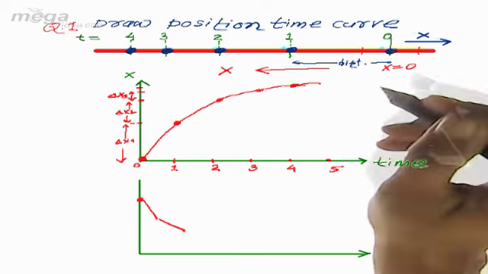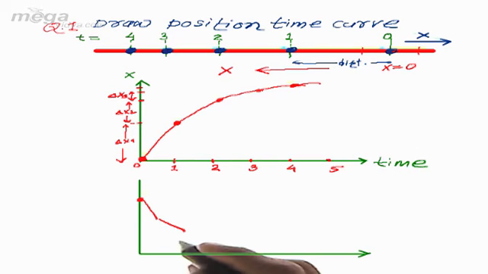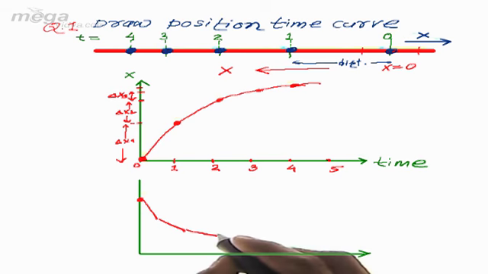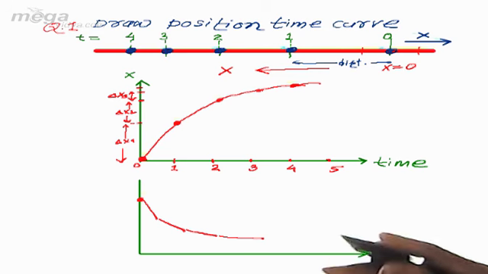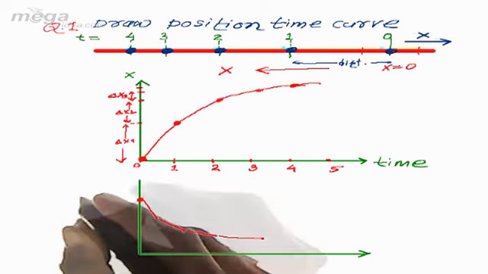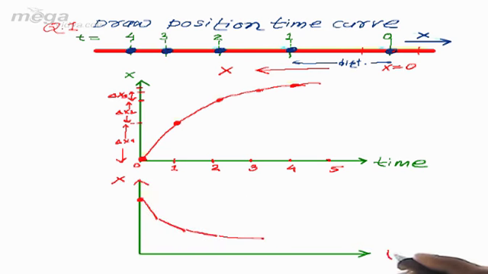If we talk about the 2 to 3 seconds time interval, it becomes more flattened, and as the motion progresses, the particle's change with time becomes less. So what will we achieve from here? I have just drawn this curve.